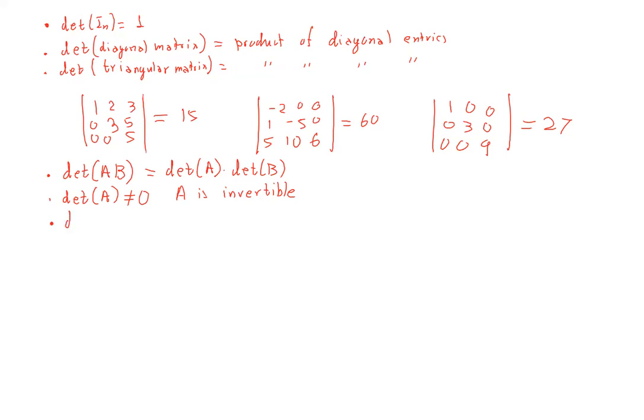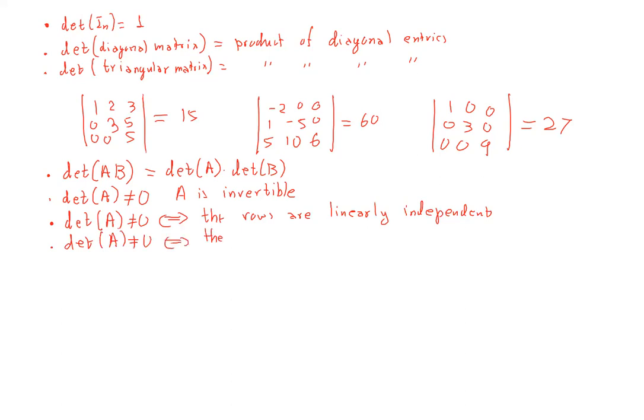Now, the determinant of A is different from zero if and only if the rows are linearly independent. And the determinant of A is different from zero if and only if the columns are linearly independent.